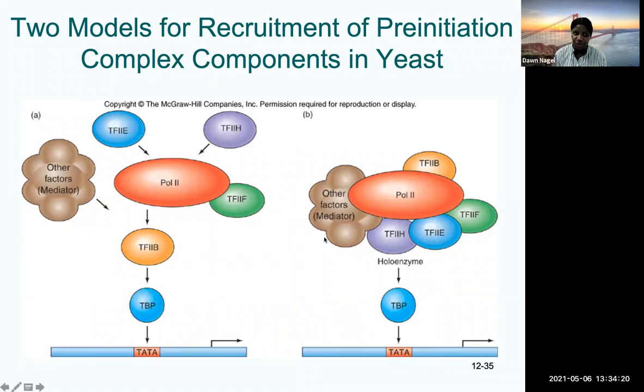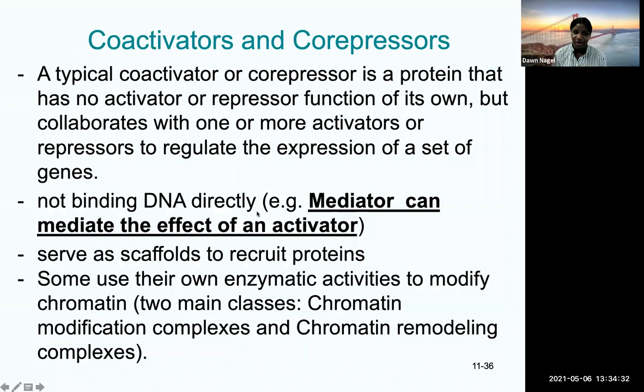In addition to these transcription factors recruiting and regulating the promoters are these additional components, which we call mediators. And mediators are usually proteins that can be either a co-activator or a co-repressor, right?